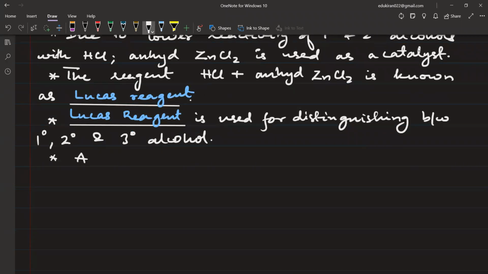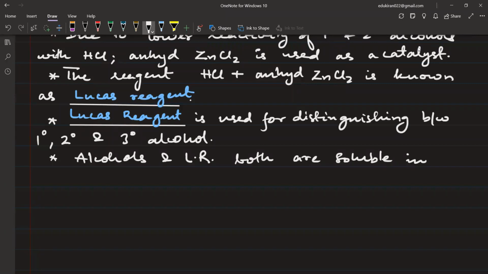Alcohols and Lucas reagent both are soluble in water. Both are soluble with each other, and they are also soluble in water, by the way.